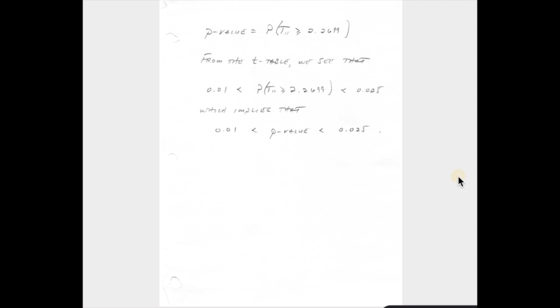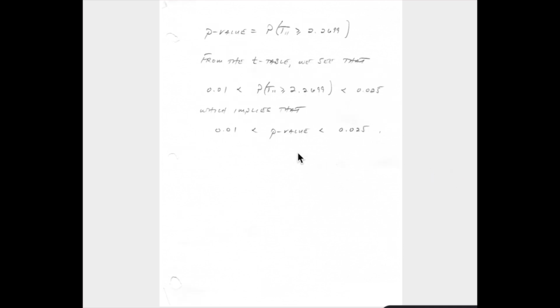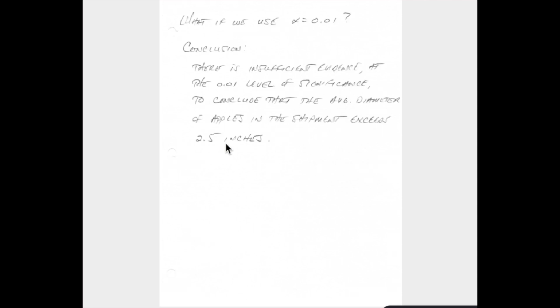Now, again, let's consider what if we were to use a significance level of 0.01 instead of 0.05. Well, on the previous page, we saw that the p-value for this test is strictly greater than 0.01. And so it's not the case that the p-value is less than or equal to 0.01.